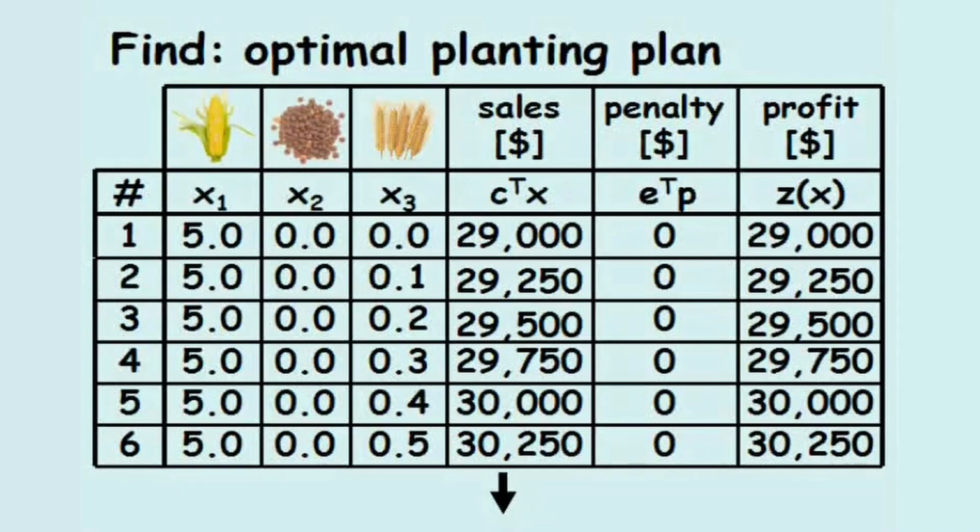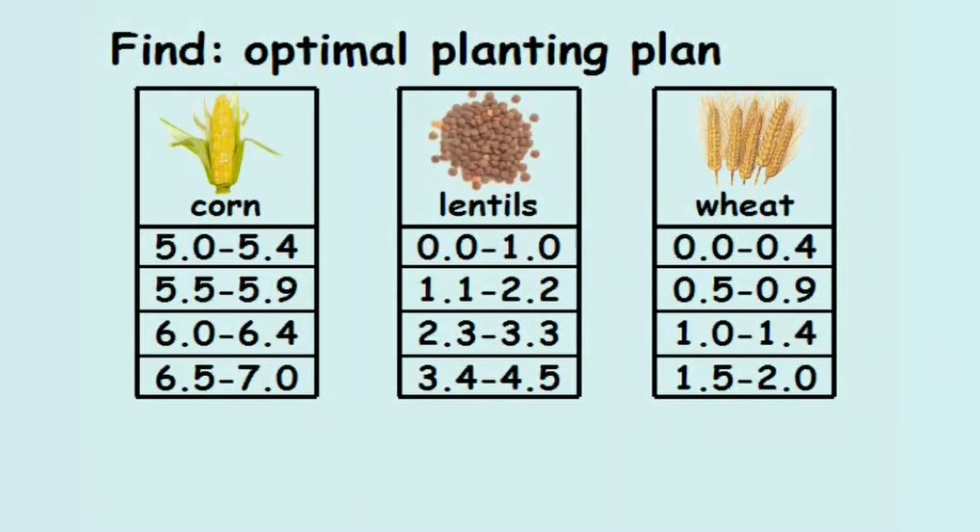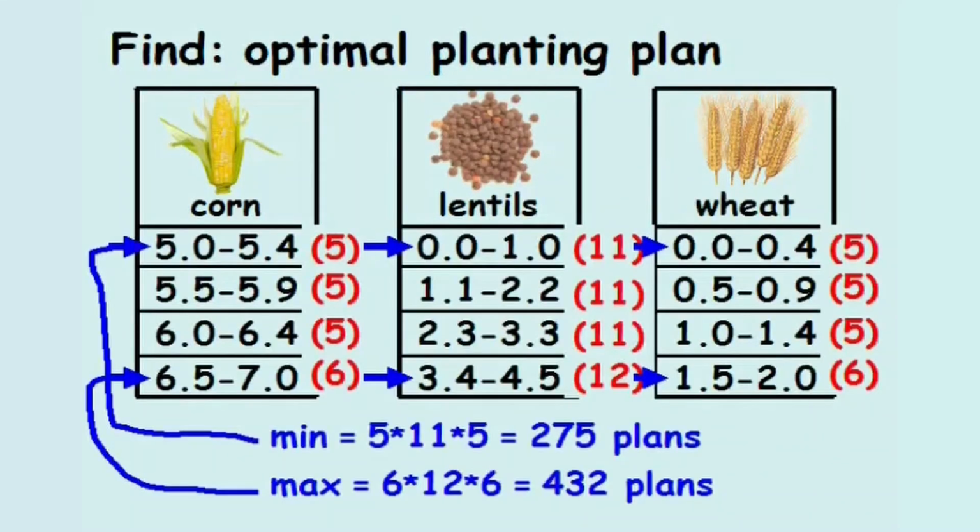For this second iteration, we'll average the total profit for similar planting plans using revised ranges for the areas of corn, lentils, and wheat planted. This way, each range will be the average of at least 275 unique planting plans, and at most 432 unique planting plans.